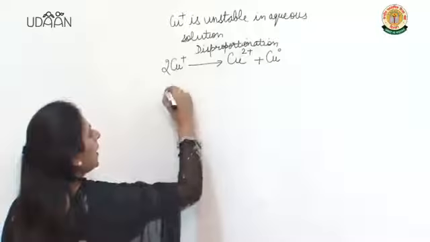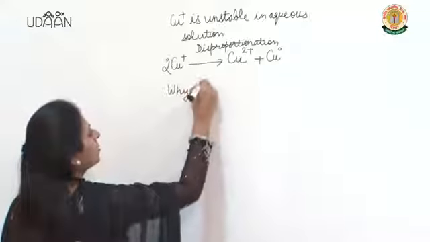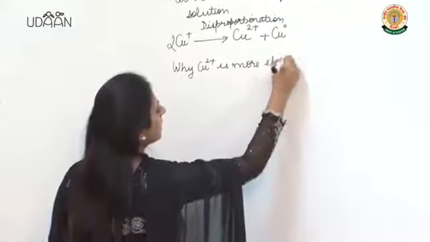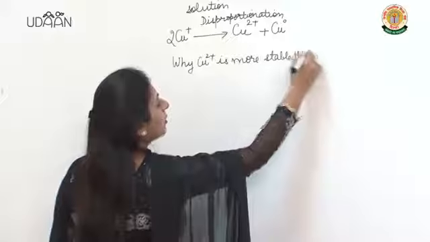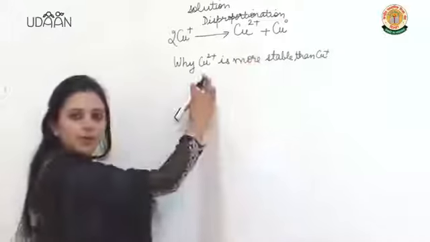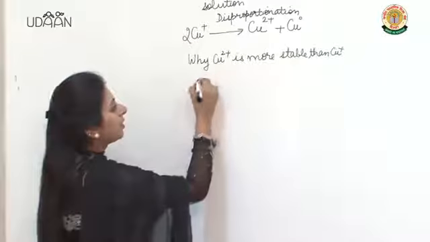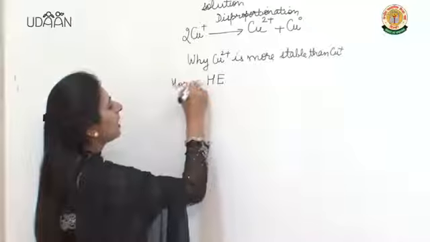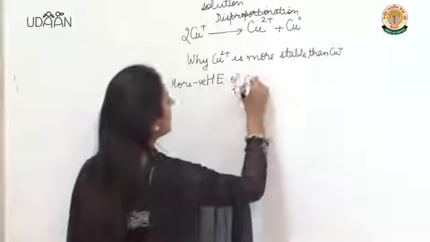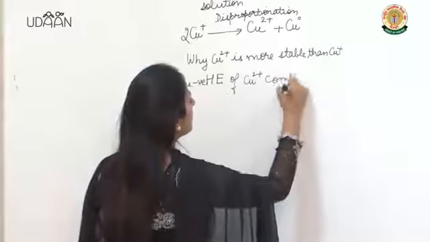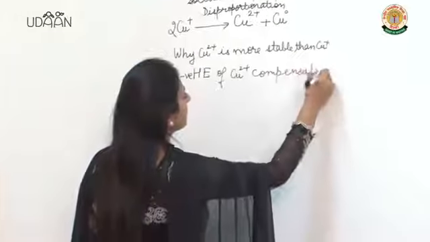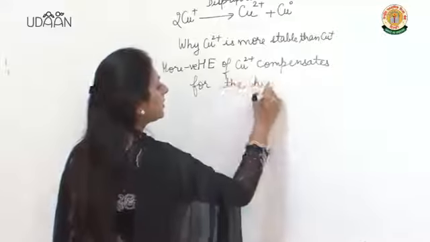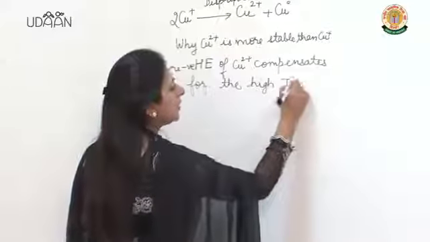Now why is Cu2+ more stable than copper(I)? Although the ionization energy of Cu2+ is much higher, the more negative hydration enthalpy of Cu2+ compensates for the high ionization enthalpy.